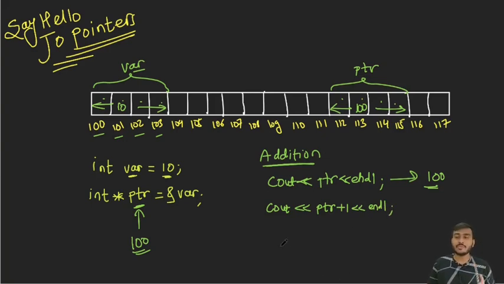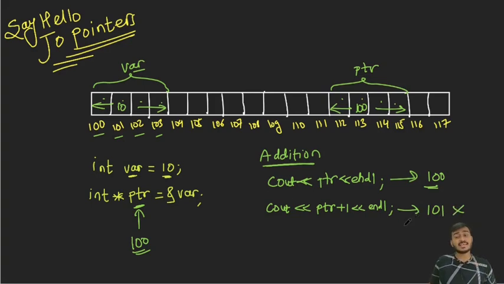See, I'm trying to write cout ptr plus 1, where ptr is a pointer of type int star. Okay, and I'm trying to add 1 to it. So just try to tell me what will be the output. If you are thinking that the output will be 101, then it is absolutely wrong.